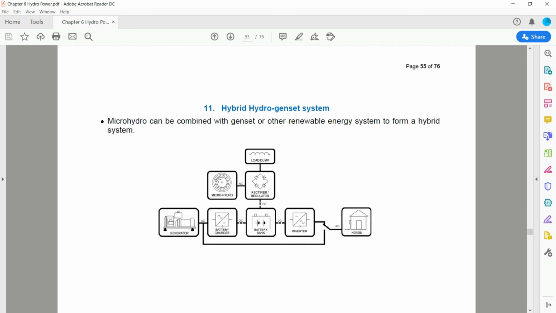For micro hydro, the output is AC, and then we need a rectifier to convert to DC to charge the battery. And the generator is also AC. We need to convert AC to DC by using a charge controller or battery charger. And then if we have an AC load from the battery, convert into AC by using an inverter.